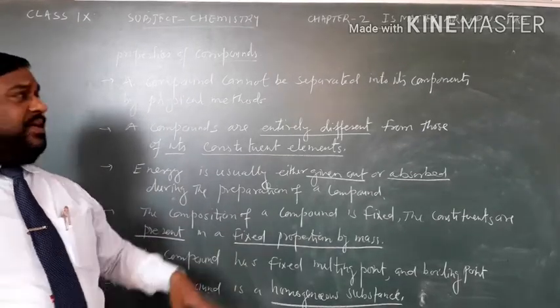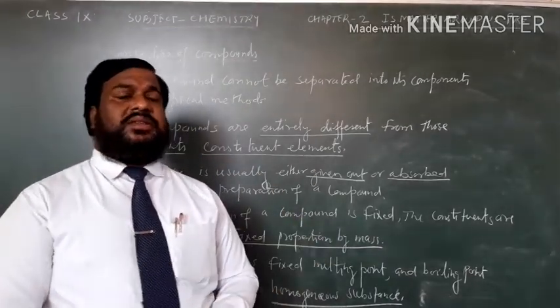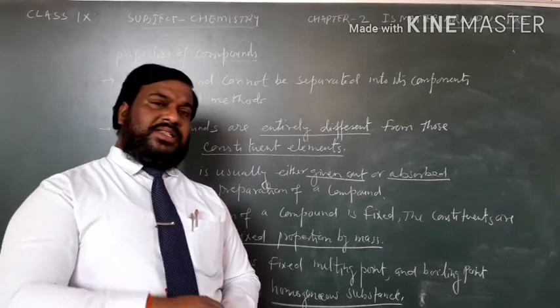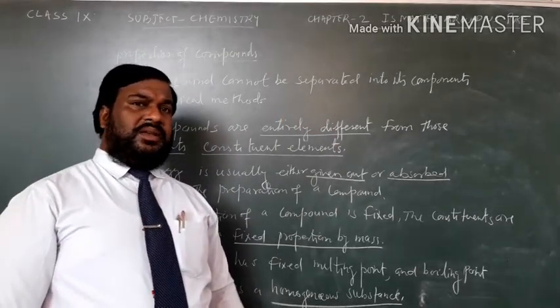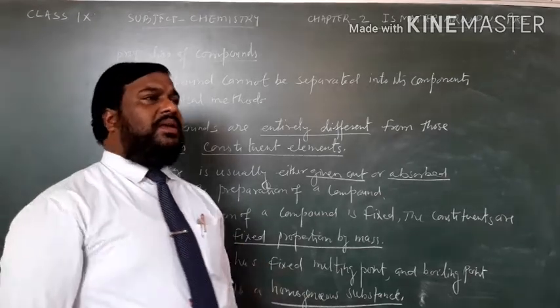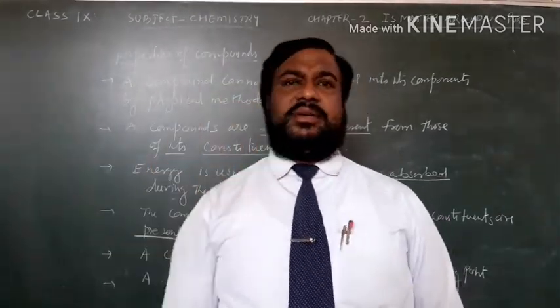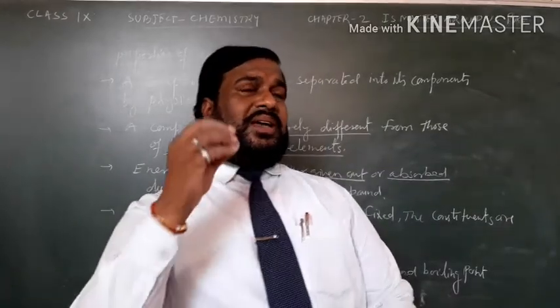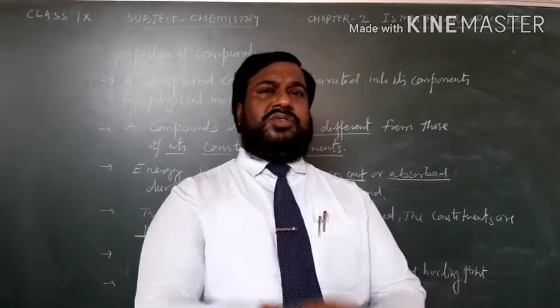Now dear student, it is a chemical change, means a chemical change by which we can prepare a compound. For example, suppose we take some sulfur and some iron filings mixed together.